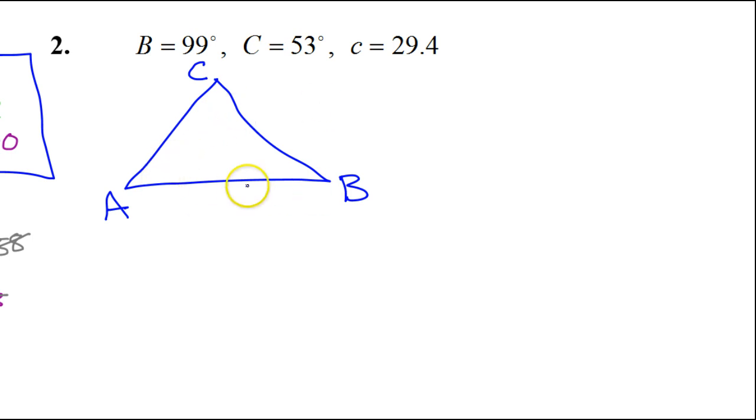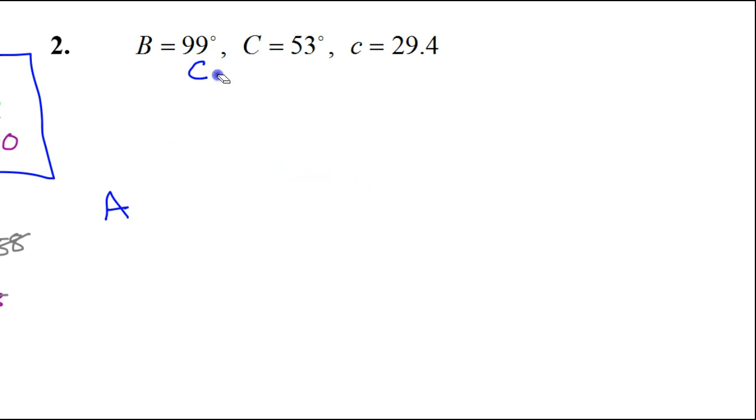So I'll just say ABC like this, and then angle B, we're told, is 99. You know what? I'm seeing that that is an obtuse angle, so I would recommend that once you notice that something is an obtuse angle, go ahead and just draw it as an obtuse angle. Sometimes it doesn't make a difference, but why take the chance?